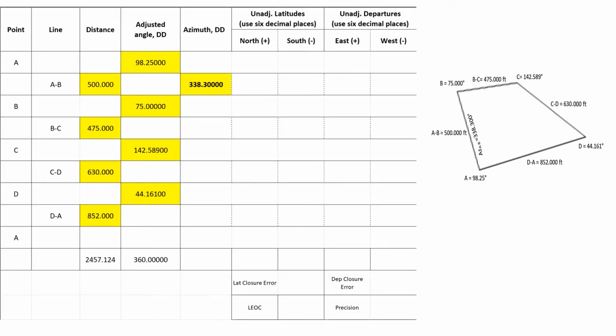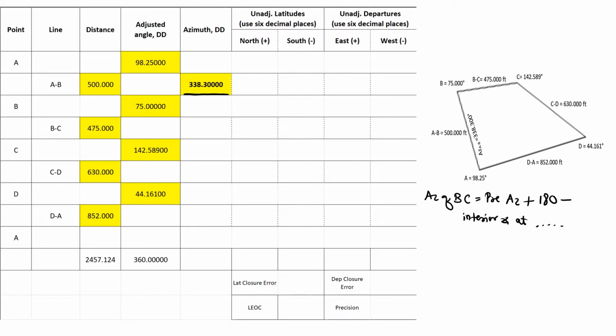So in this question, let's find the azimuth of all the remaining lines whose azimuth is unknown. The azimuth of the line AB is known, which is 338.30. Let's find the azimuth of BC. The equation is you take the previous azimuth, plus 180 degrees minus the interior angle at dash dash dash.